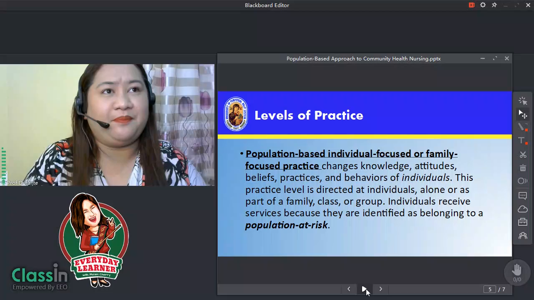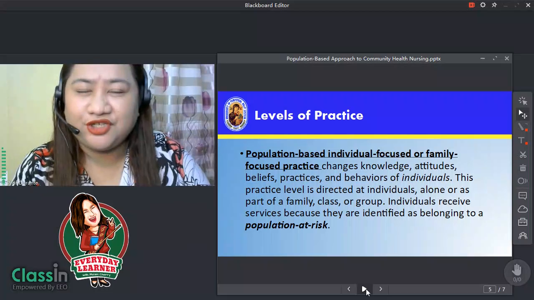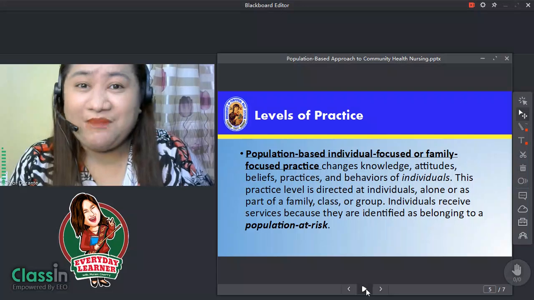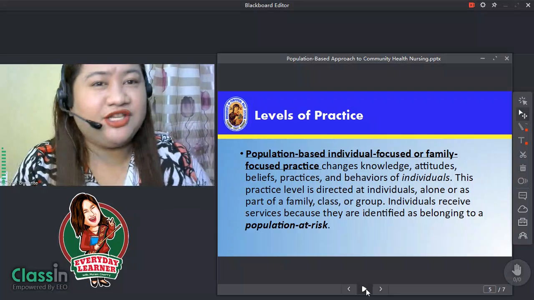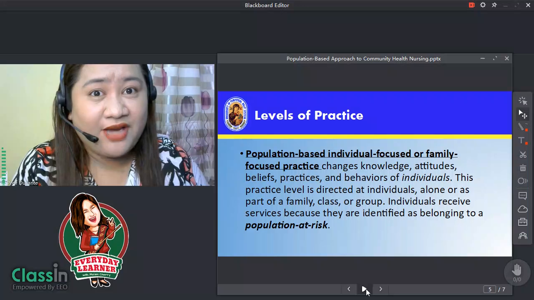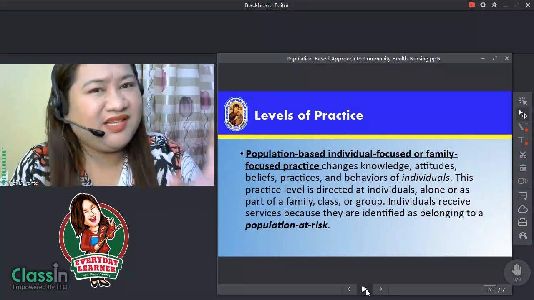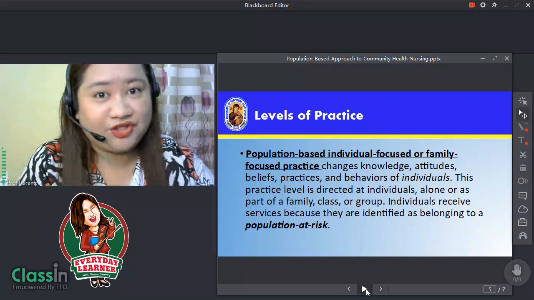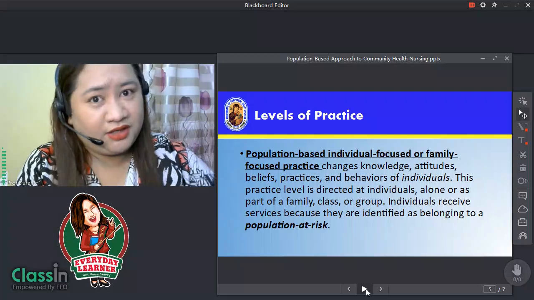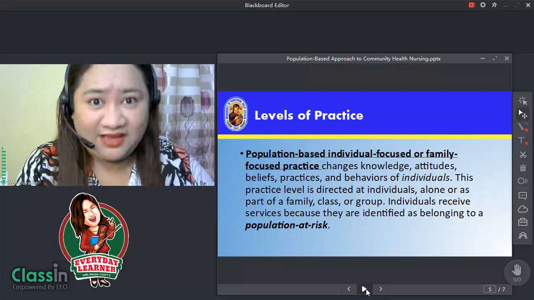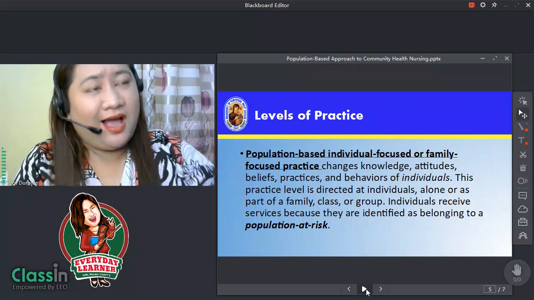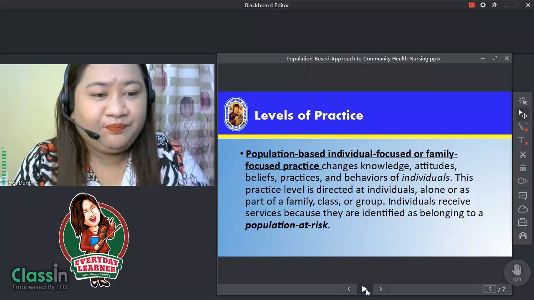Let me give you an example. For example, you have an intervention for lactating mothers. So let's say in your situational analysis, you have figured out that, let's say, the lactating mothers are a very small percentage of the population that you are trying to intervene in, or rather you're a community health nurse in.